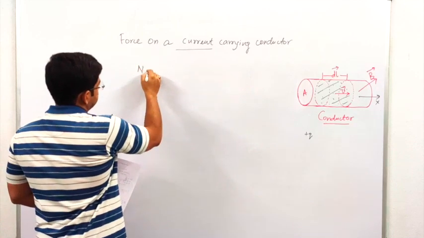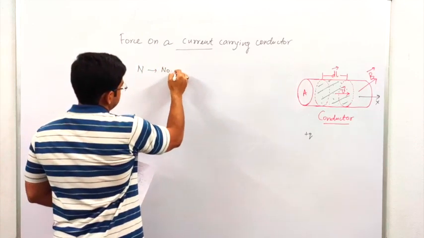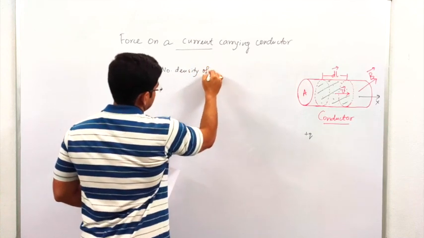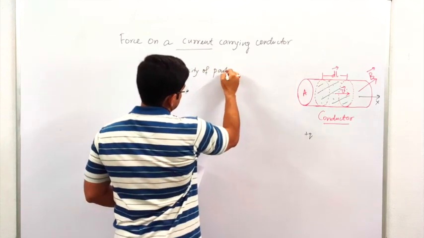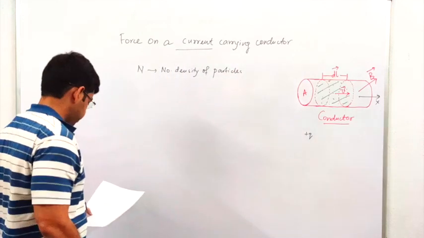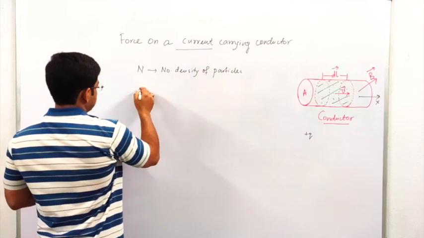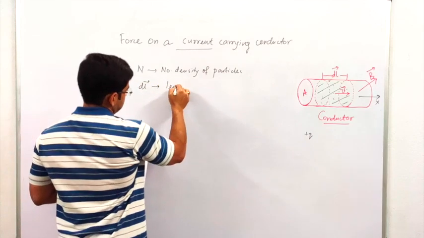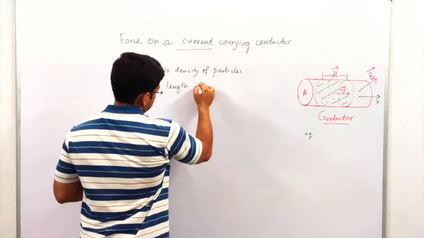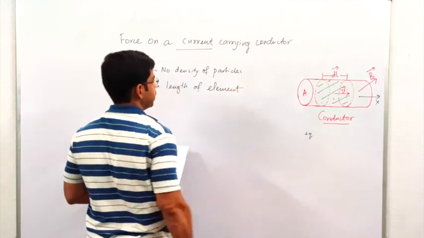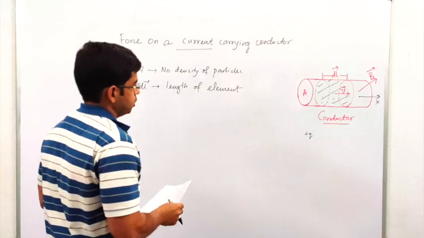Also, let n be the number density of the charged particles within the conductor. dl, as I already mentioned, is the length of the element of the cylinder, the shaded region.